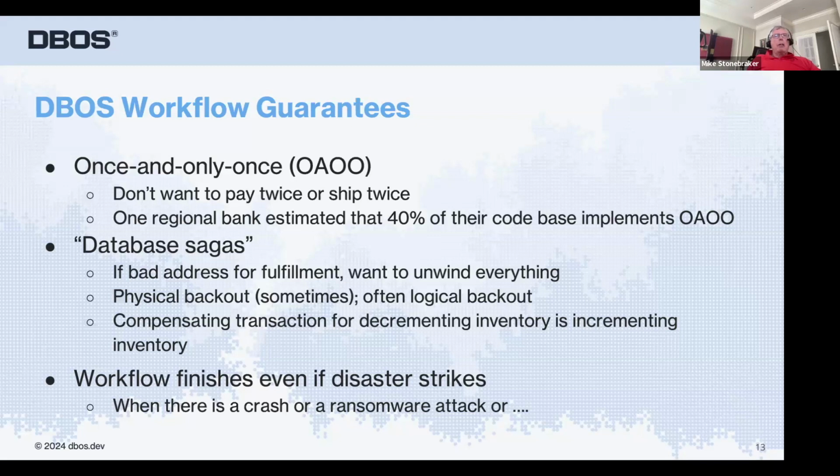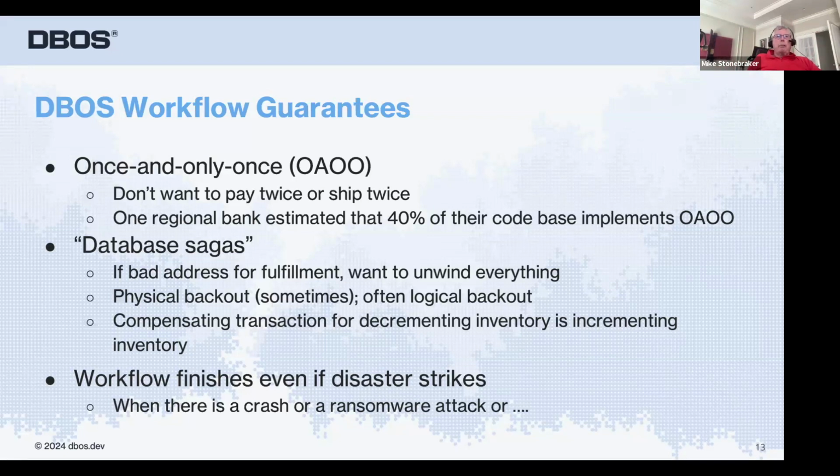Third guarantee that we give you is that you have this graph of operations. You want the graph to finish even when bad things happen. So if you ordered 3 widgets, then if everything goes okay, you want to make sure that you actually get your 3 widgets, even if bad things happen.